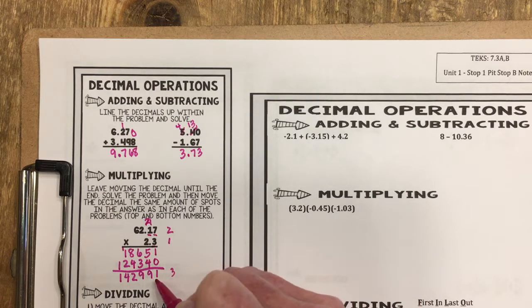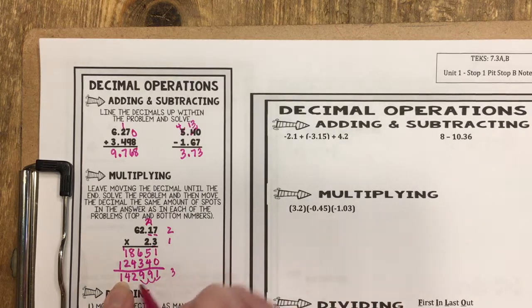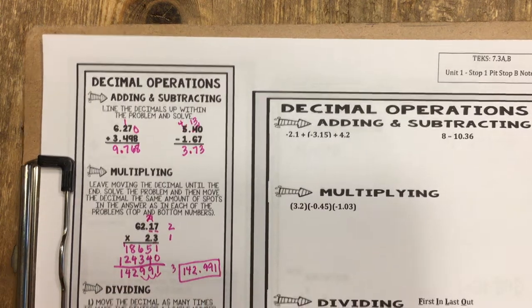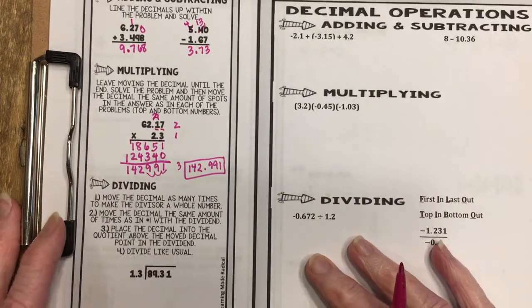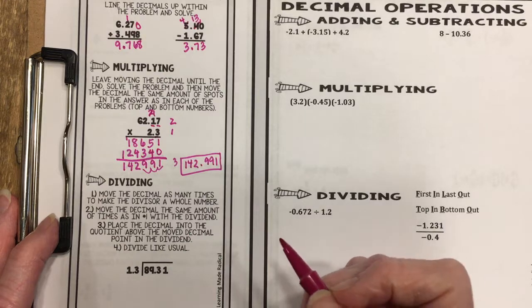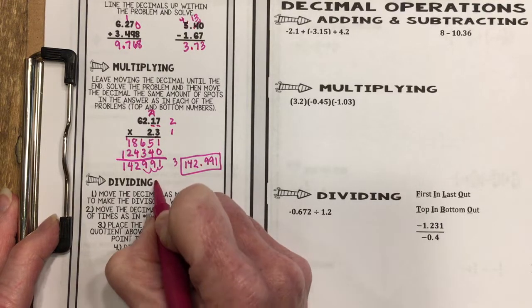So that means in my answer, I need to have 3 decimal places. So I'm going to start from the back and move the decimal 3 places. So 1, 2, 3. That puts the decimal between the 2 and the 9, so my final answer is 142.991.